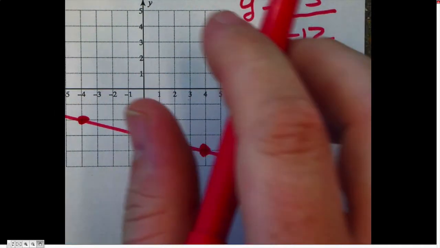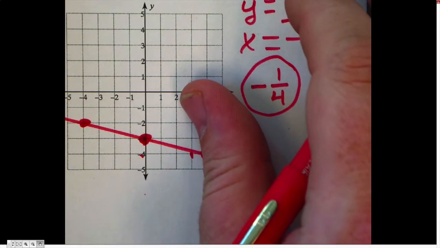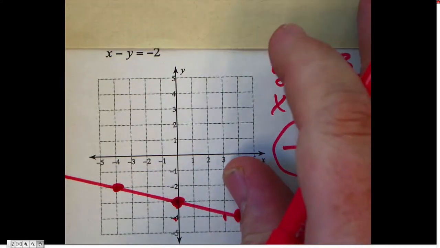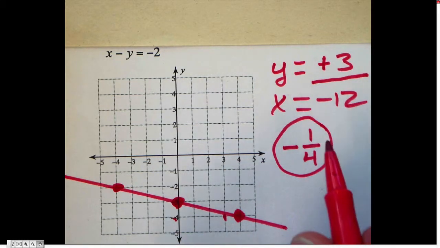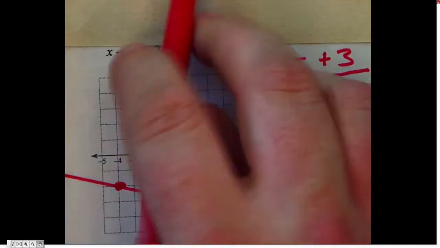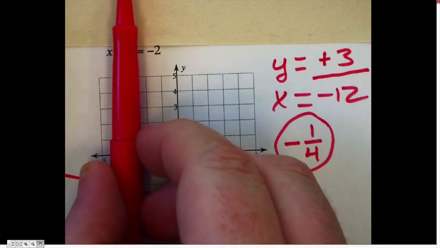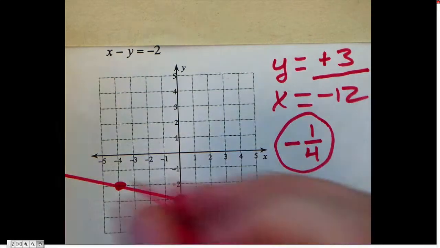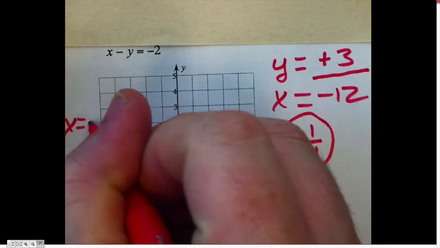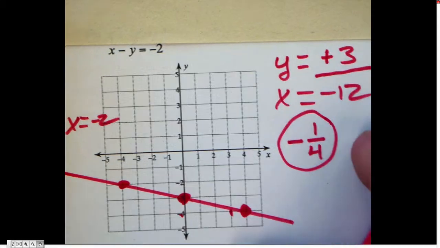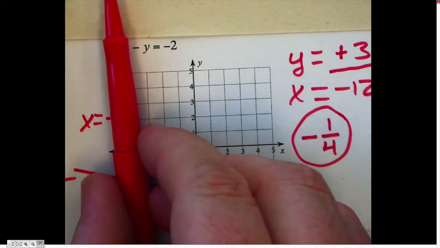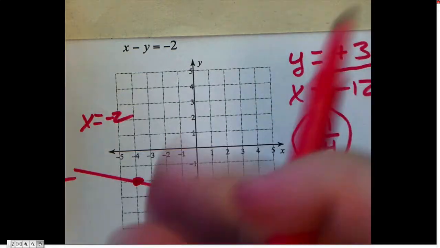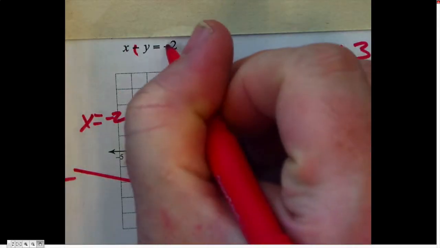Now the next equation, we see x minus y equals negative 2. When we cover up the x, or the y, excuse me, we get x equals negative 2. Okay, so I'll put that over there. And when we cover up the x, we get negative y equals negative 2. So I need to change the sign of both of those.